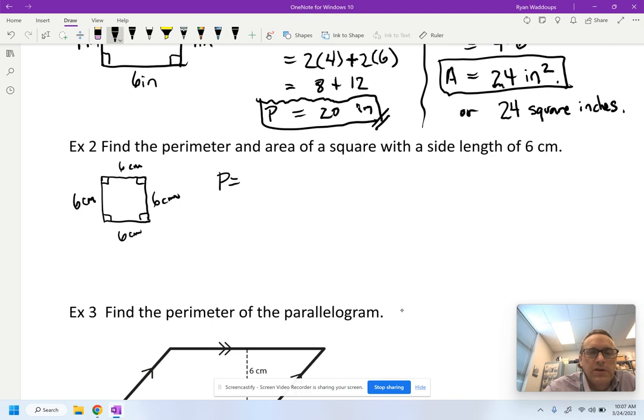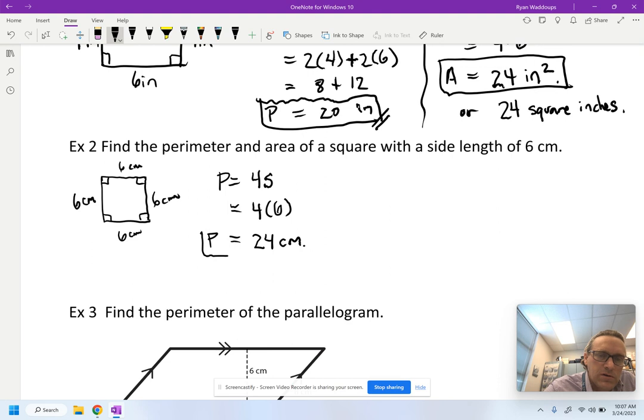And since the perimeter is 4 times the length of a side, that's 4 times 6, and so that's 24 and it's 24 centimeters.